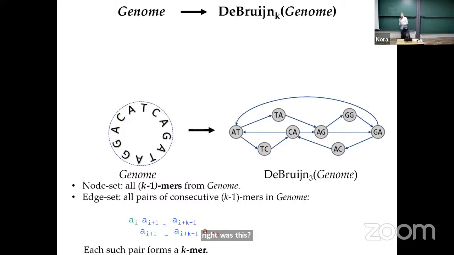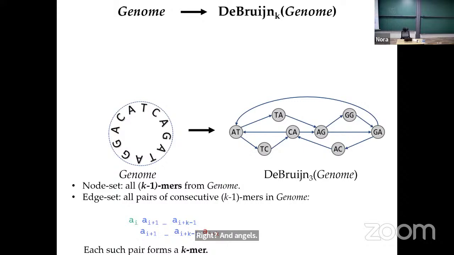Who now knows how to construct the De Bruijn graph? Okay, more people. Anyway, given a genome, nodes in our graph are simply all k minus 1 mers in the genome, and edges are all pairs of consecutive k minus 1 mers.